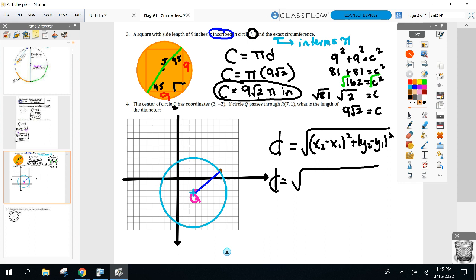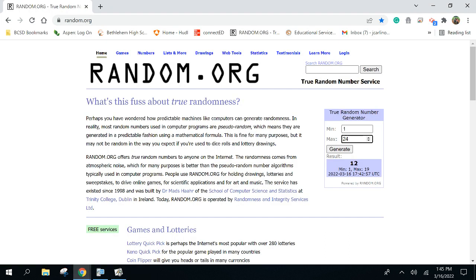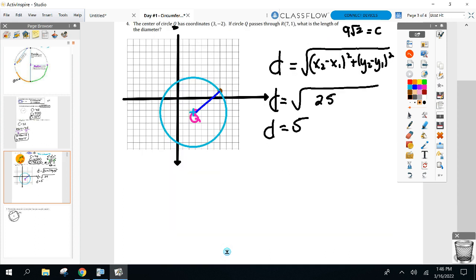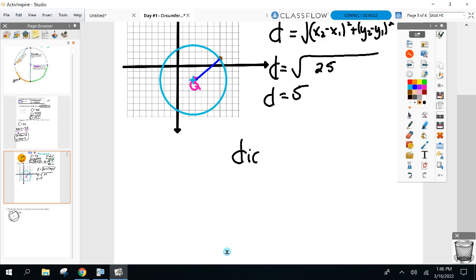How about this distance of the radius? 5. Good job, Paul. So the radius is equal to 5. So the diameter should be equal to 2 times that. 10.